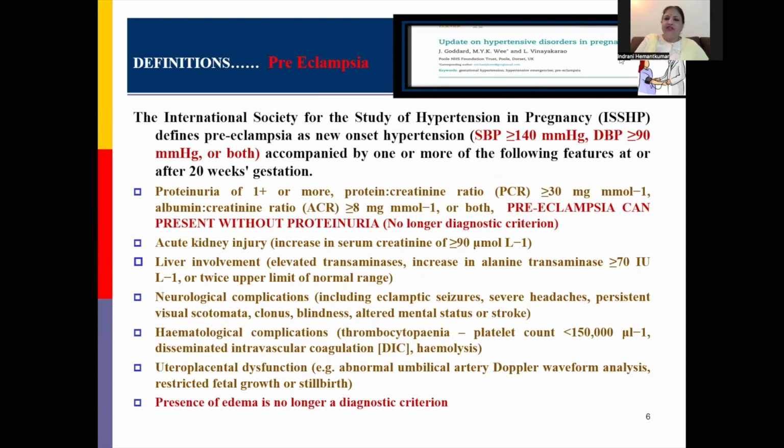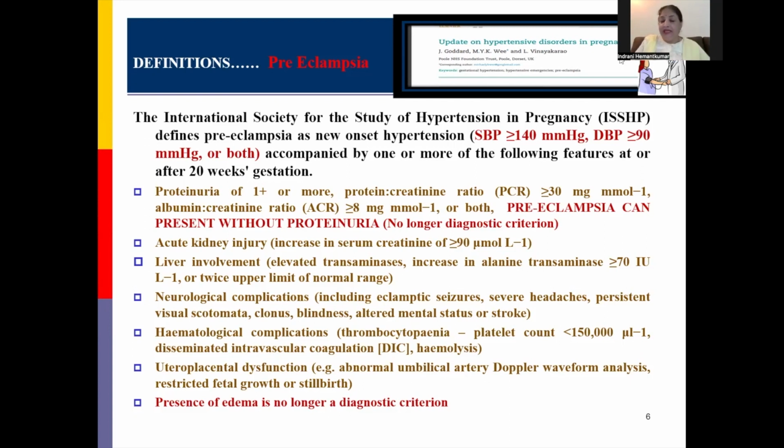So the International Society for the Study of Hypertension in Pregnancy has defined preeclampsia as a new onset of hypertension. When I say hypertension, I mean the systolic blood pressure is 140, diastolic blood pressure is 90, or both, and accompanied by any of the following features. So what did we study?